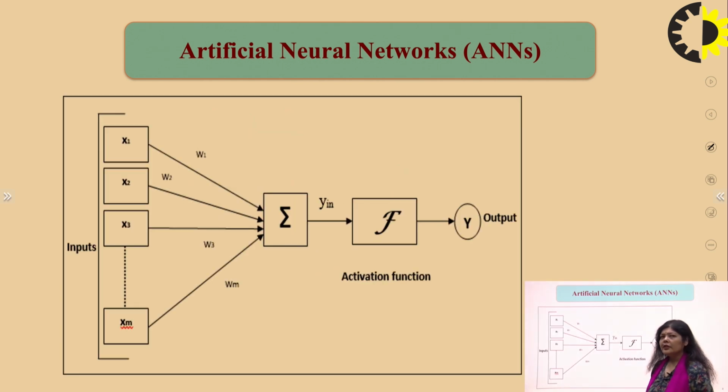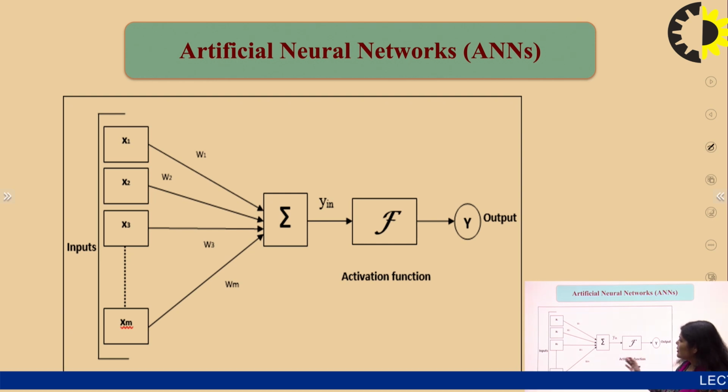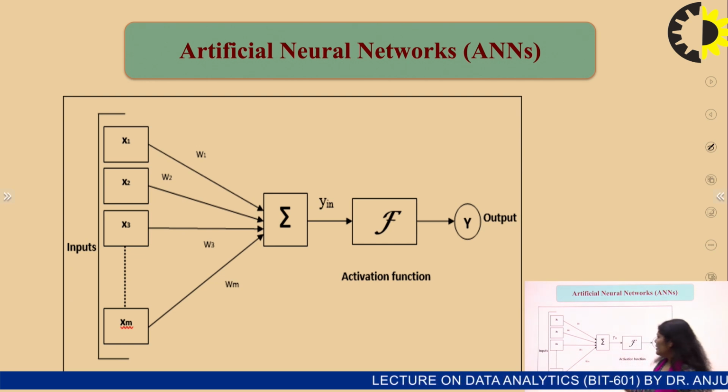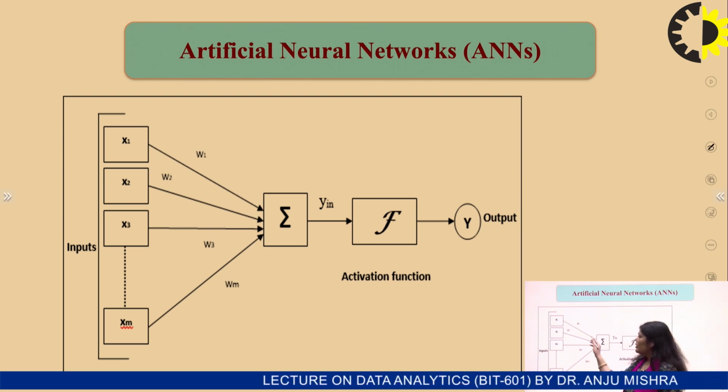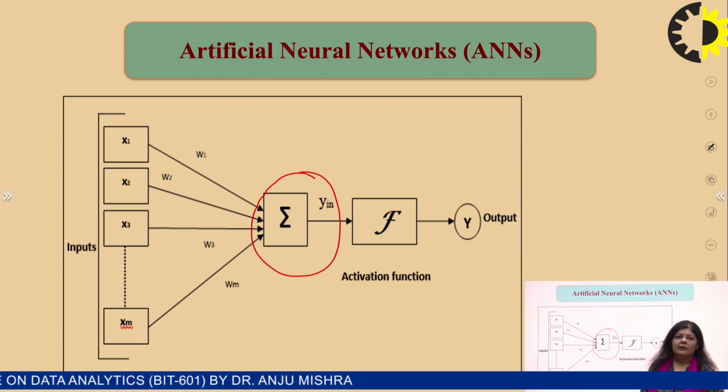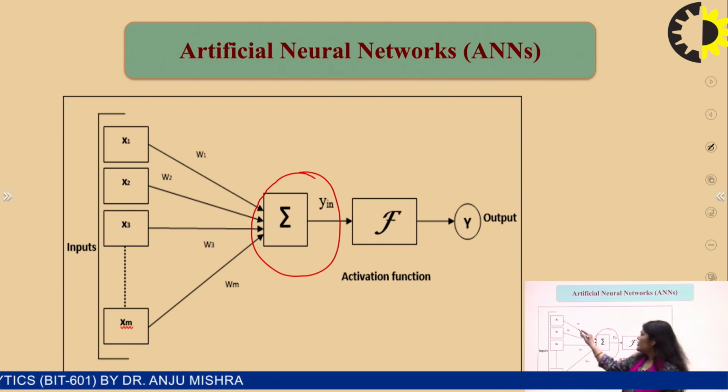Now, this is the artificial counterpart of the biological neural network, and as you can see, the model is graphically represented like this. Here the Xs represent the inputs. And then every input is passed to this node, or this summer, with the help of these connections.